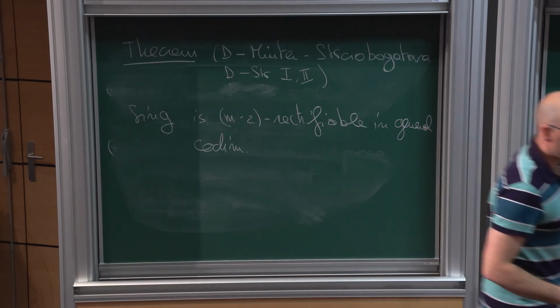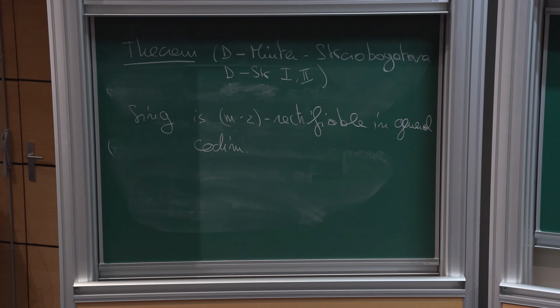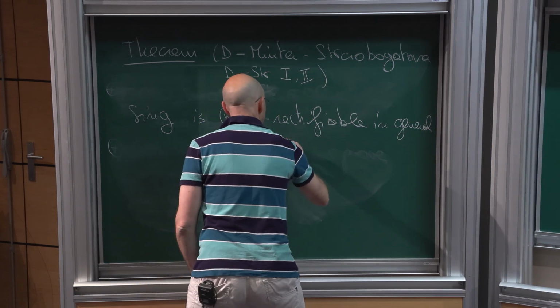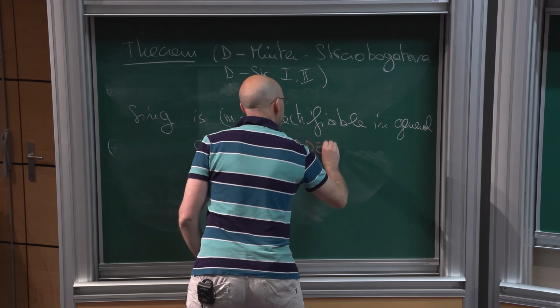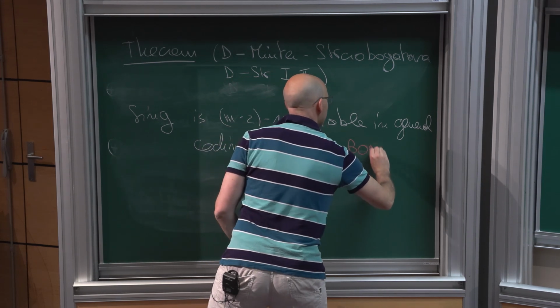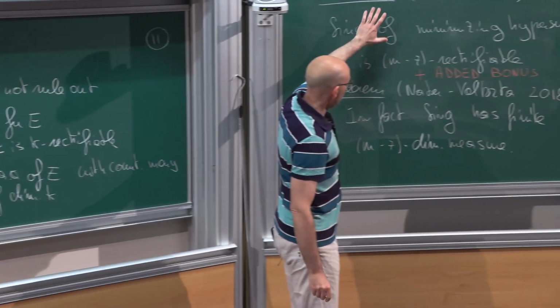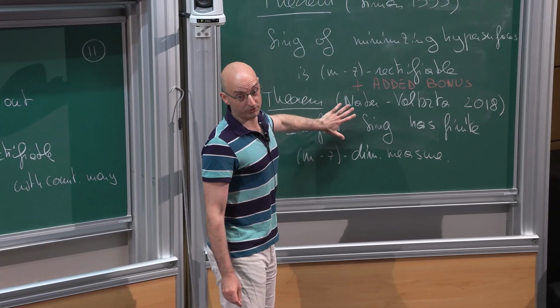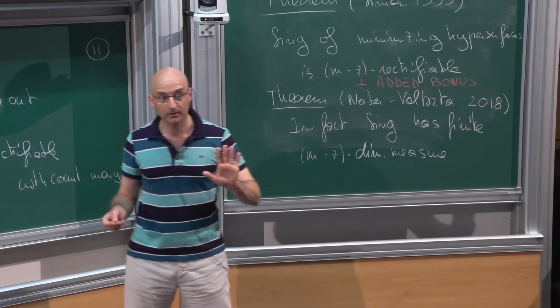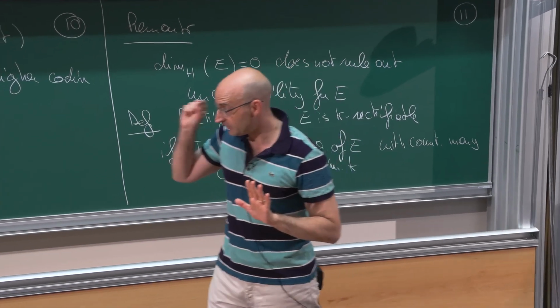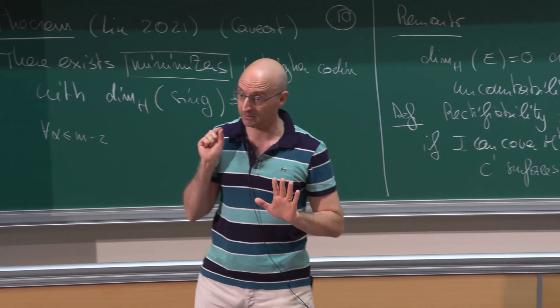And it has the same added bonus that the theorem by Leon Simon has, which I'm going to explain again in a few minutes. So it's a complete counterpart of Leon's theorem in the general case, but it doesn't have this feature: we're not able to say that the m-2 dimensional volume of the singular set is finite.